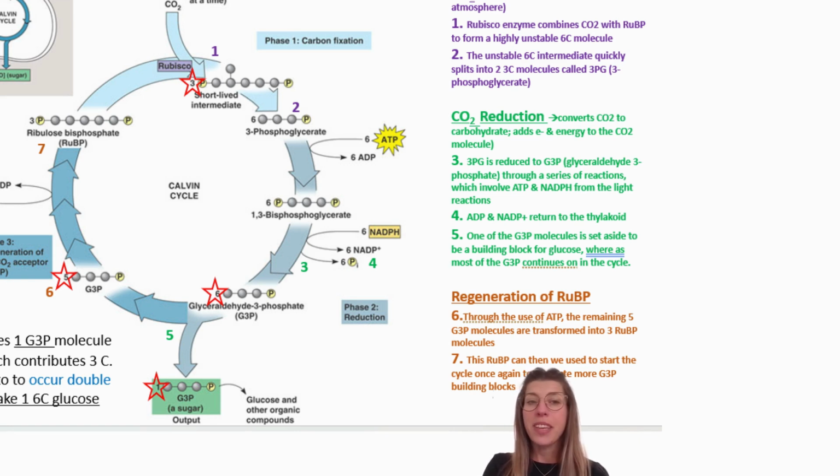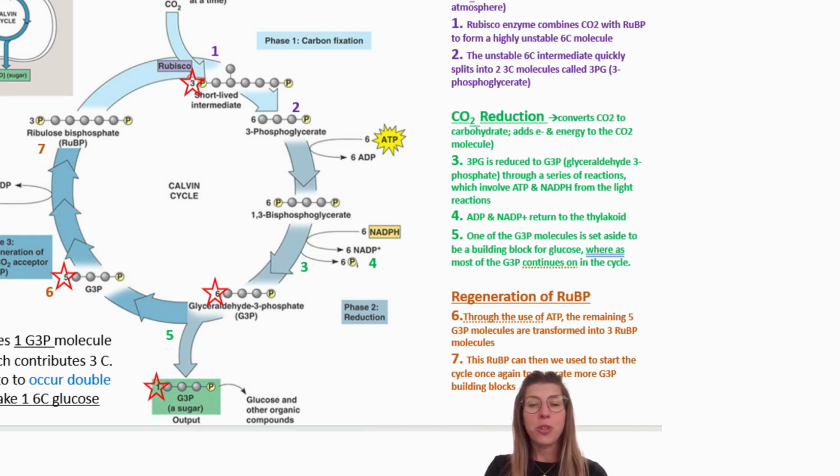So number 2 is when it splits, that unstable 6-carbon intermediate quickly splits into 2 3-carbon molecules, and this is called 3-PG, 3-phosphoglycerate. And that's carbon fixation. Okay, it takes the carbon dioxide from the atmosphere and it fixates it, it combines it with RuBP, and then it splits, and now it's a usable molecule in the Calvin cycle.